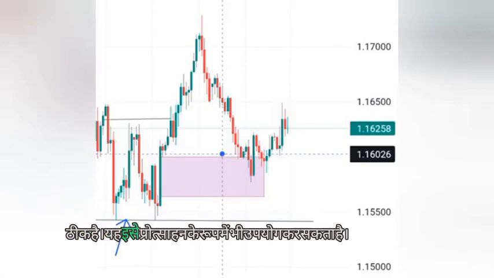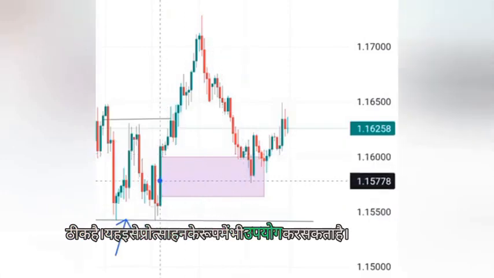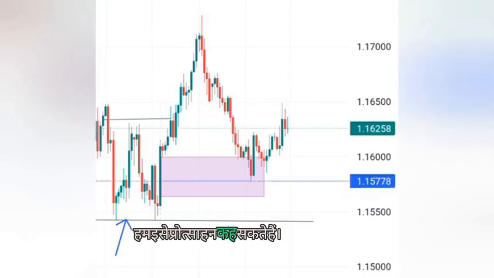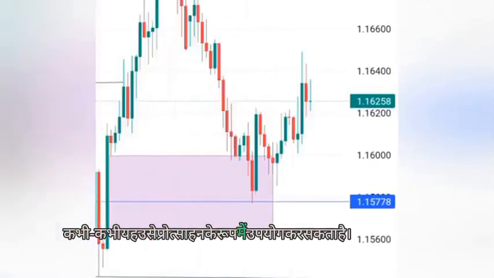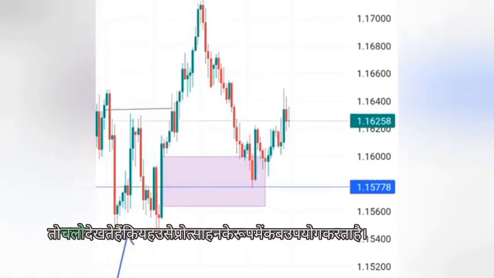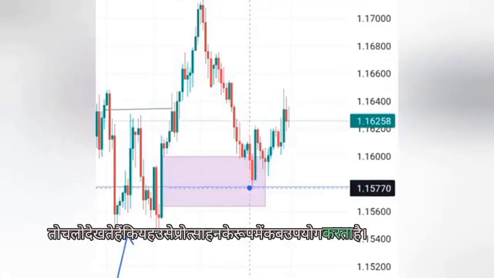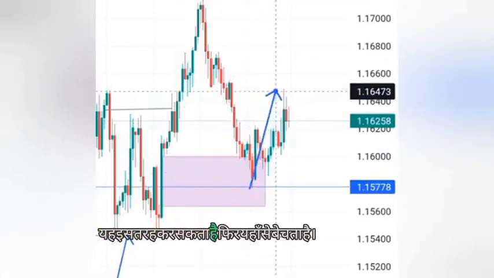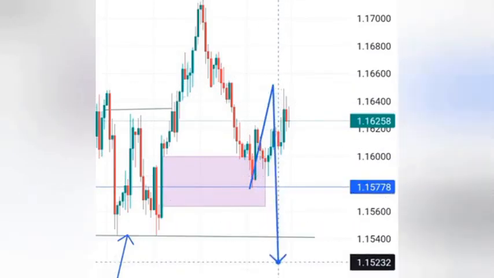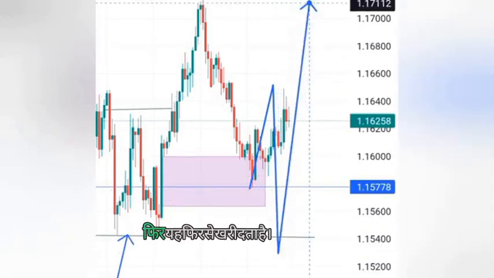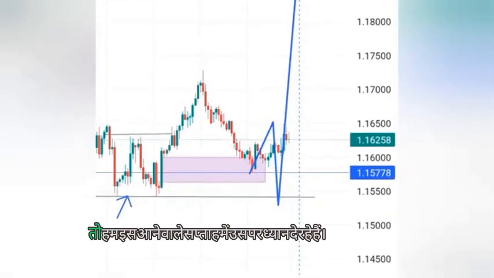Sometimes it can use that as an inducement. When it does, it can do like this, sell from here, take out this liquidity, then buy again. So we are looking at that this coming week.